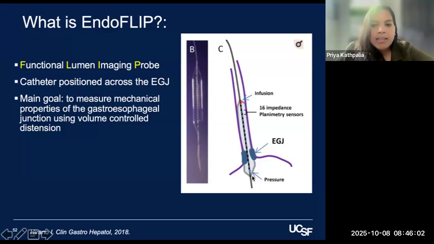The standard catheter size is 240 millimeters with a 3 millimeter outer diameter, and there is a balloon mounted distally. There are 16 impedance planimetry electrodes within the balloon. The main goal is to measure the mechanical properties of the GE junction using volume controlled distension, a stepwise volumetric distension of the balloon across the EGJ.